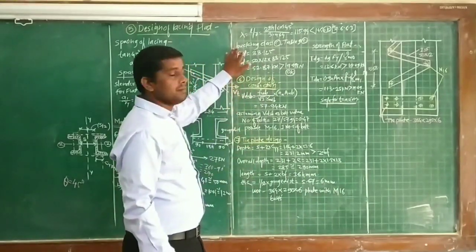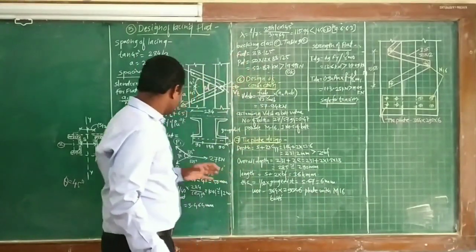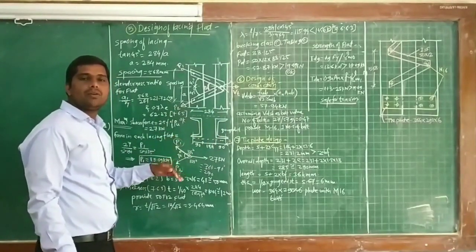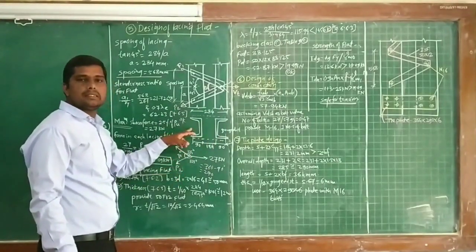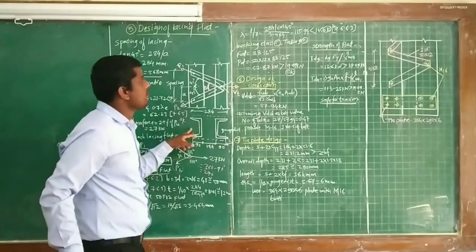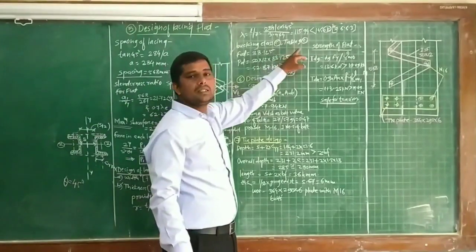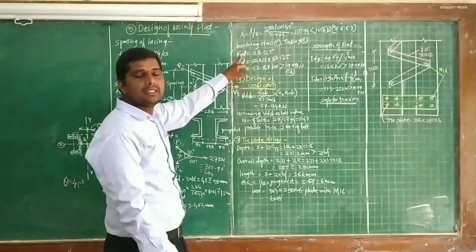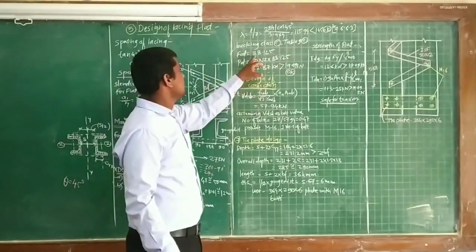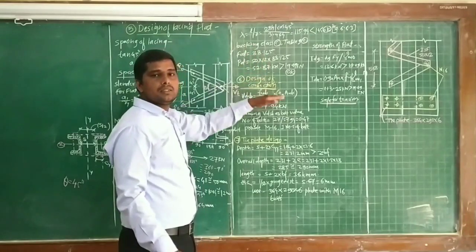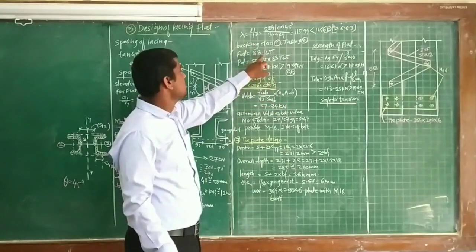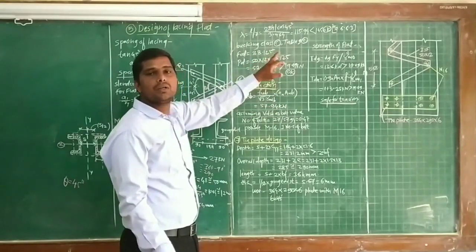Then by using the buckling class, you know that all channel sections fall into the category of buckling class C, and we are going to use Table 9C. Then the fcd value, that is the design compressive stress, we got by using interpolation. So directly we wrote here, that is 88.125 N/mm² or MPa.